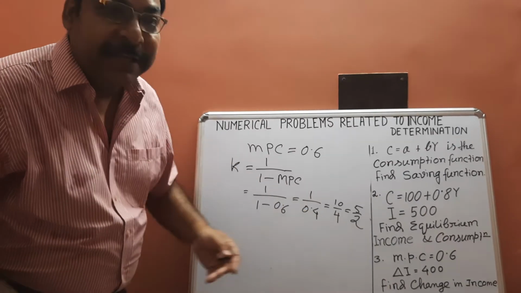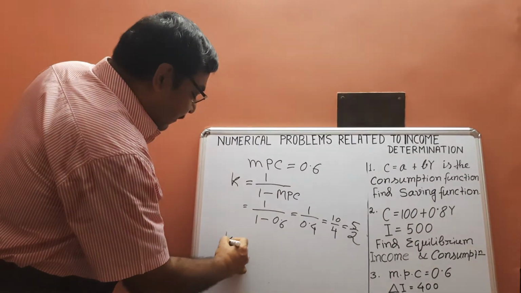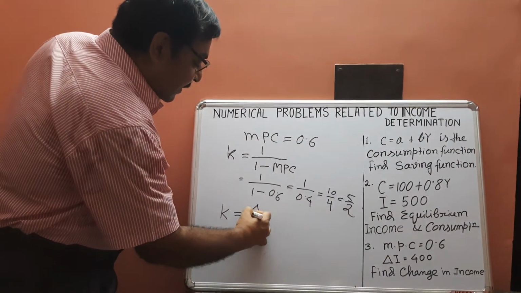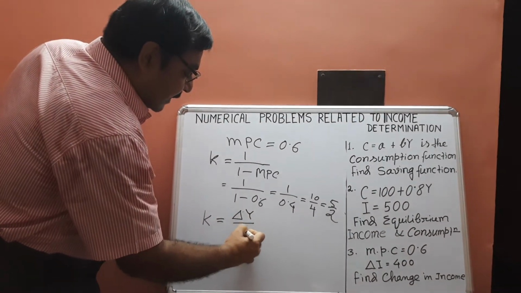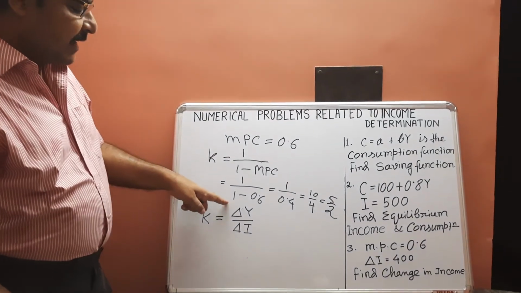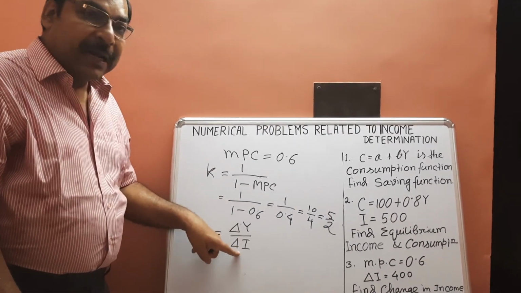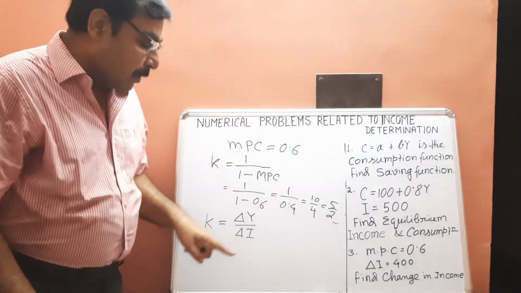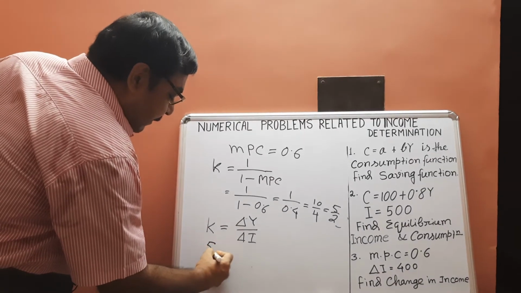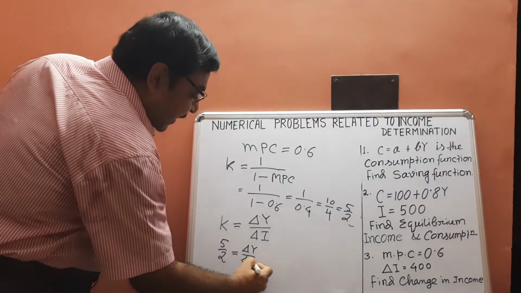Now you are given delta I, and you are asked to find out the change in income, that means delta Y. We know the original formula of multiplier. The original formula of multiplier is equal to delta Y by delta I. You have to see what is the change in income due to a change in investment by 1 unit, that is the multiplier. Now in this equation, delta I is given as 400, and K you have already got as 5 by 2. Put these values. 5 by 2 is equal to delta Y by 400.